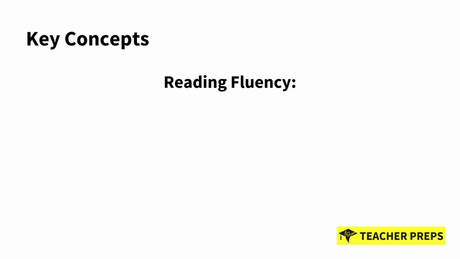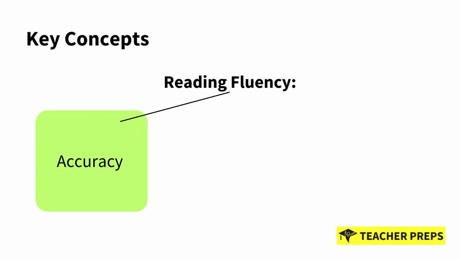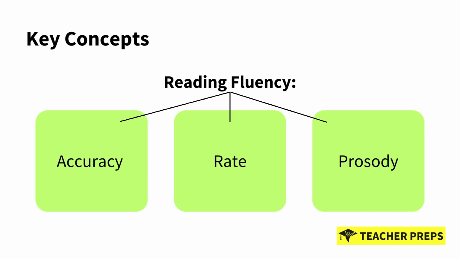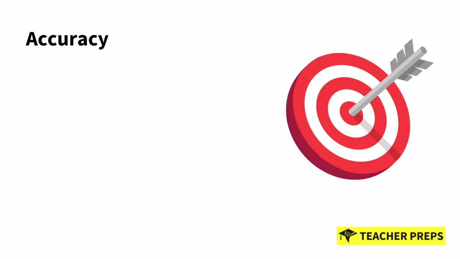First, let's understand that reading fluency is a critical aspect of literacy, which directly influences a student's reading comprehension ability. Reading fluency is made up of 3 main aspects, which include accuracy, rate, and prosody. Prosody is the way you read. You can think of this as intonation.